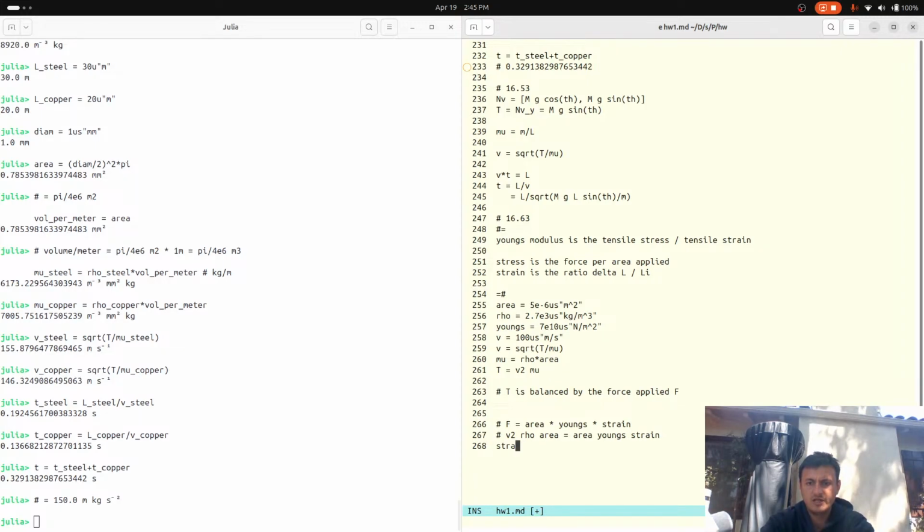So then strain is equal to V squared times rho times area divided by area times Young's.